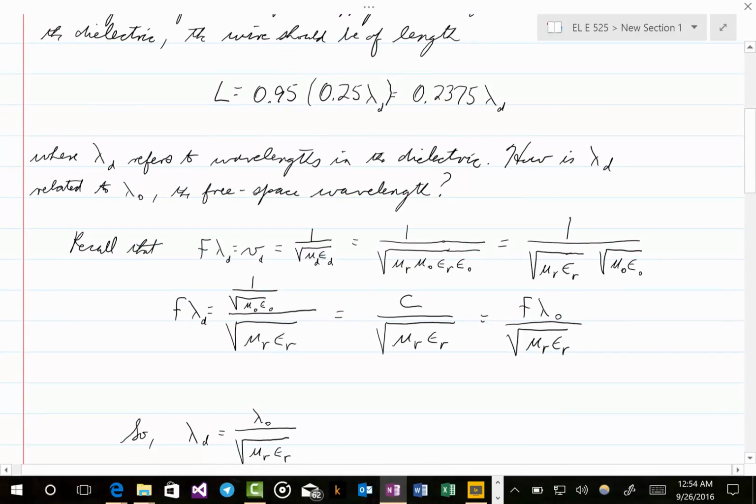Well, the way to answer that question is to remember our formula that f times lambda is equal to the speed. And so f times lambda d is equal to v d, and similarly f times lambda naught would be v naught, where v naught would be the speed in vacuum, and v naught, of course, is also frequently referred to as c.